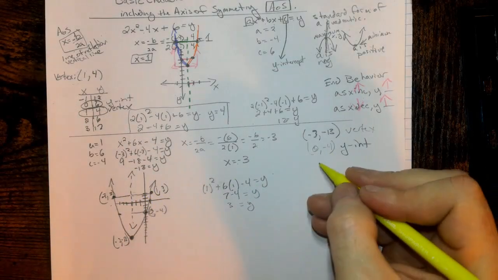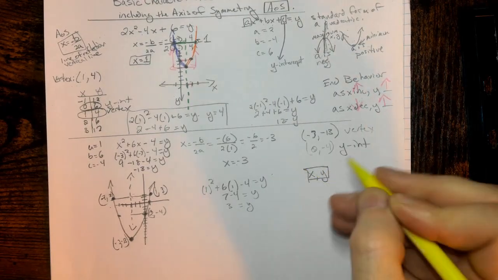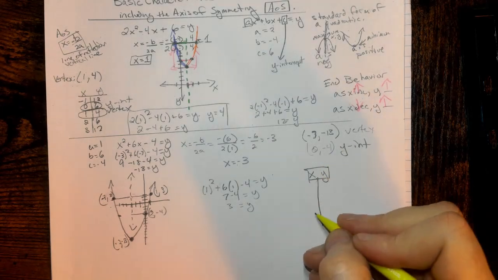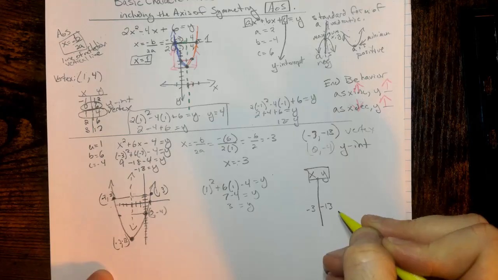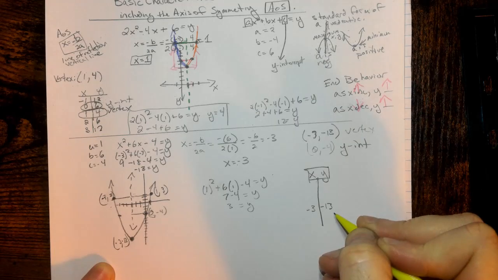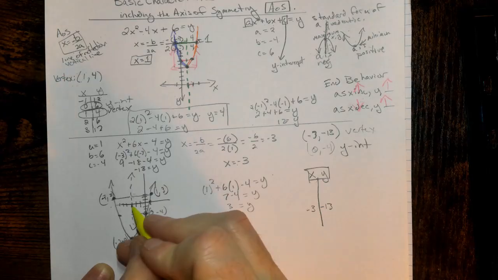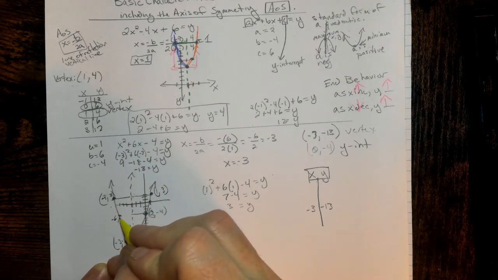So I now have, if I kind of just put an XY table, and it's always useful to put your vertex right in the middle because then you can kind of see how numbers look in relation to it. So I have this -3, -13. This is -3, so -4, -5, -6, -4.